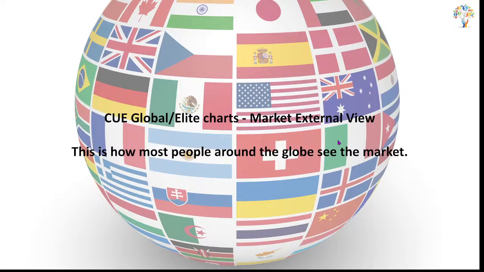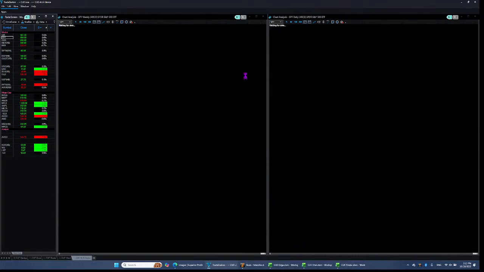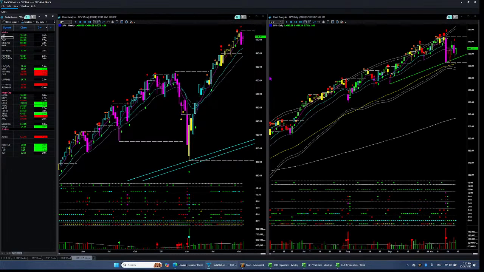After internal view, market external view, this is how most people around the globe see the market. Again, the pattern will be same across many market level instruments, same as what we saw in mega cap custom index and total view. Starting with SPY, backdrop color bearish, inside candle, indecisive candle in weekly, no direction in daily.